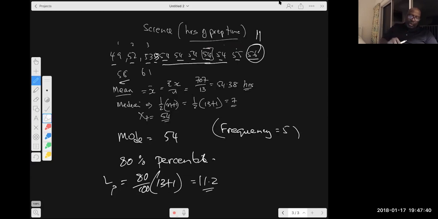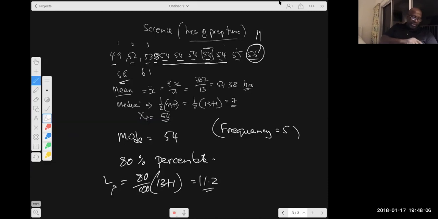So that means I have to go 20% of the distance between 56 and 58. Well, what's the distance between 56 and 58? 2. So I did 20% of 2. 2 2s are 4. So 20% of 2 is basically 0.4. So that means I would have to add that 0.4 to 56.